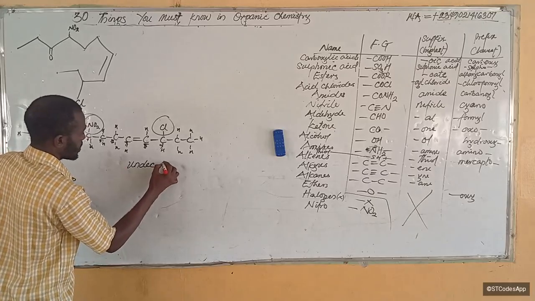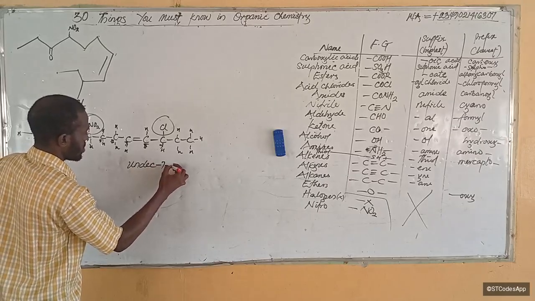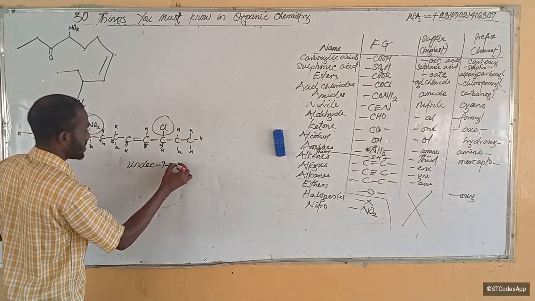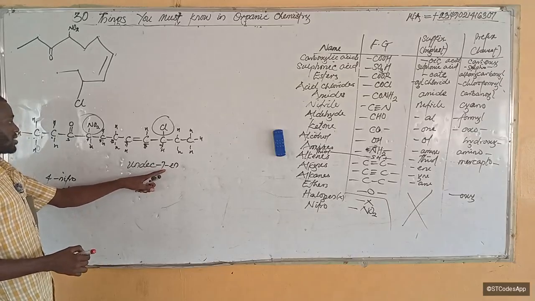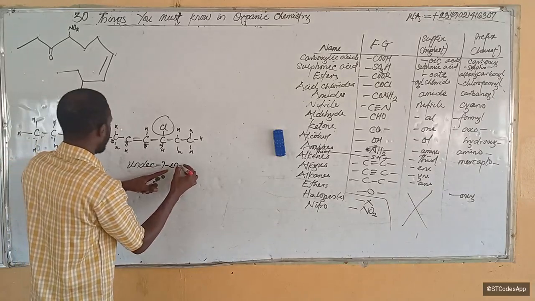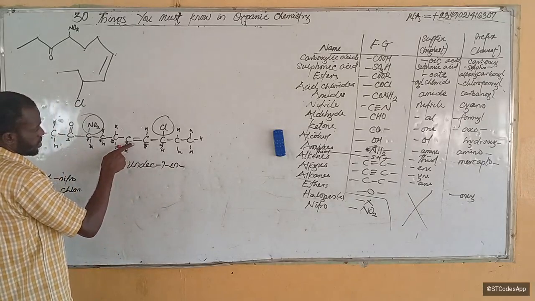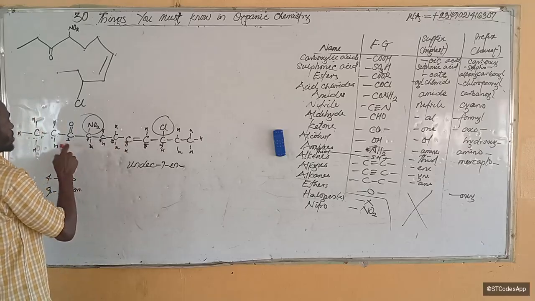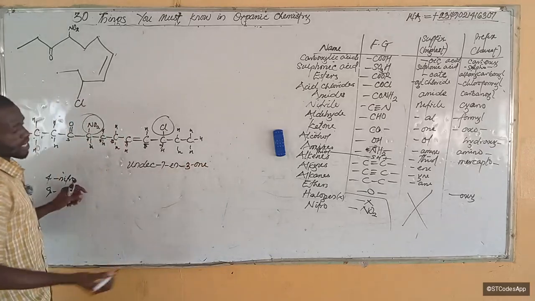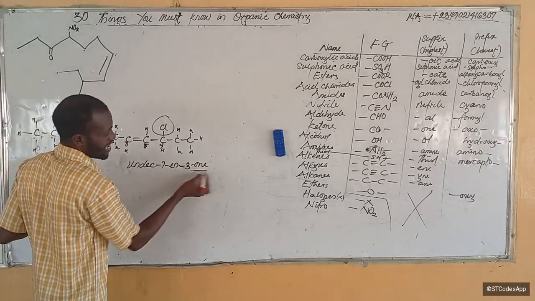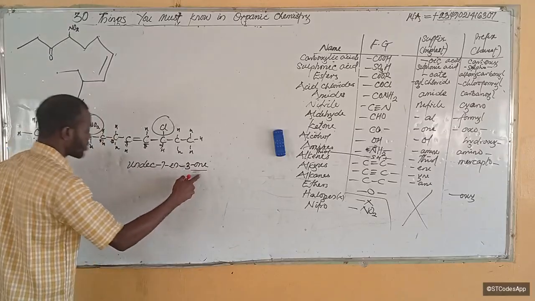So, dec-7-en-3-one. Keep in mind that the family name ends with the group that has the highest priority, so 3-one.